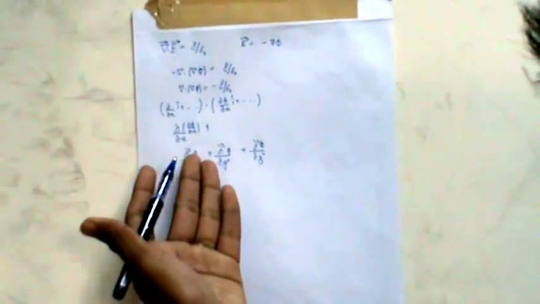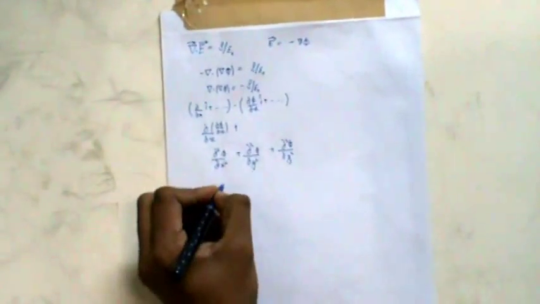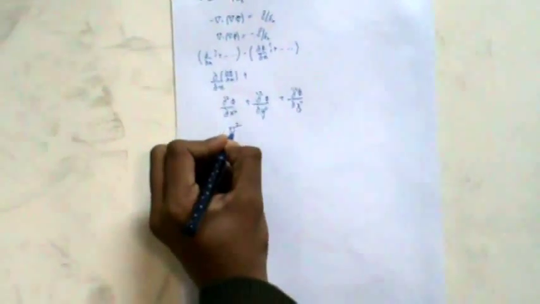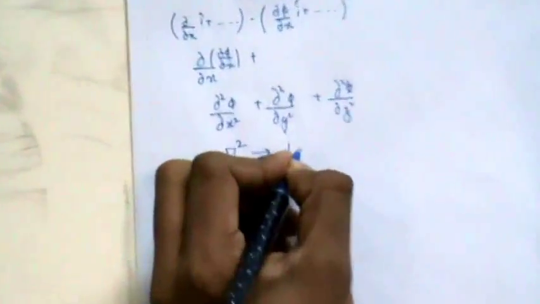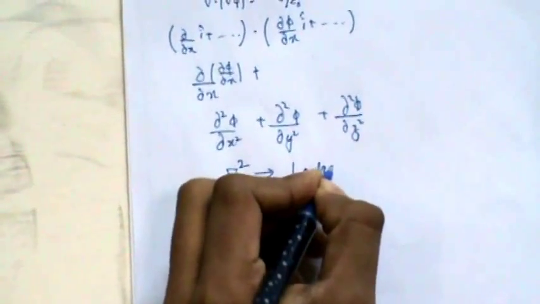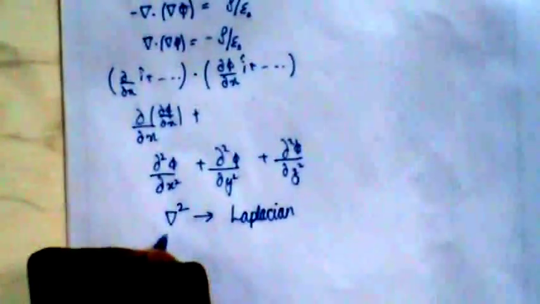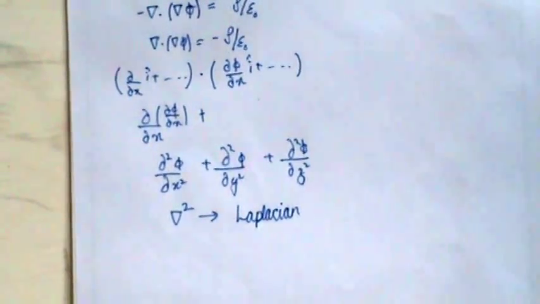So you can see that del square by del x square and so on are acting on phi. So you can define a new operator called del square. This is called the Laplacian. This is also an operator, just like del is our operator, nabla, del, whatever you want to call it. Del square is also an operator, called the Laplacian.